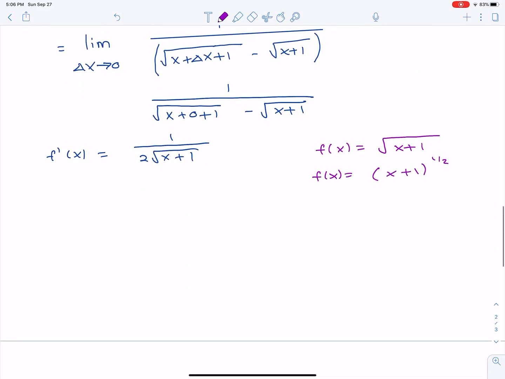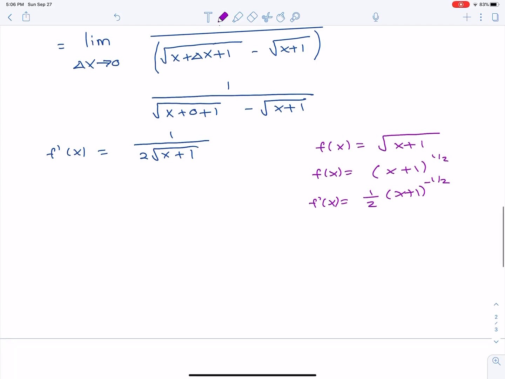Taking the derivative, the nice thing is I can even use the chain rule here. So I get 1/2 times x plus 1 raised to the negative 1/2 times the derivative of x plus 1, which is just 1. I'll put it here just for looks. So this simplifies and becomes 1 over 2 root x plus 1. And hey, look at that. They're the same. Fantastic.